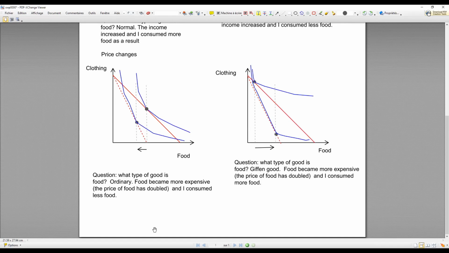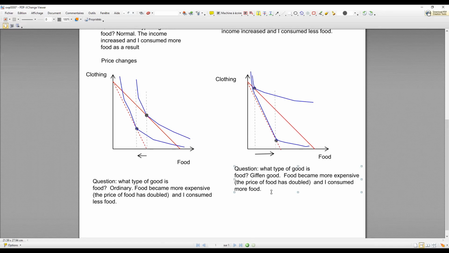So in the case of university, there are so many things going on. There's the fact that you cannot observe the good properly. There are network effects going on, many things. So this has more to do with the example of rice. It's a very, very inferior good.